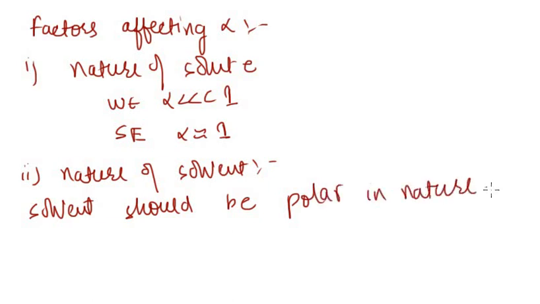We know like dissolves like. Whenever we are talking about ions, we will obviously be dissolving them in aqueous solution, the water. So water is polar, and we know like dissolves like. So water will easily dissolve the polar solute, right?